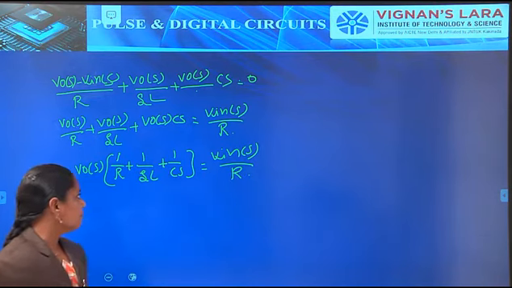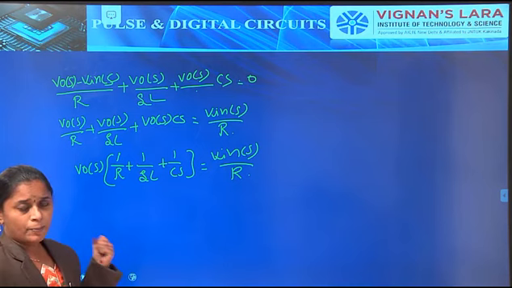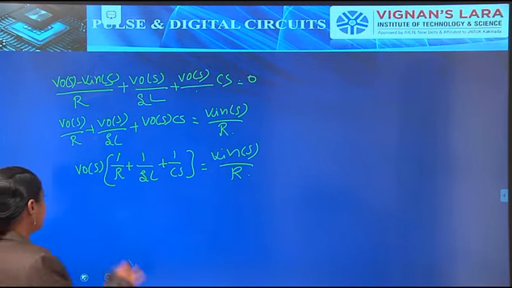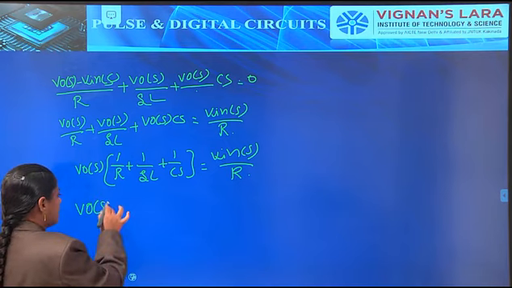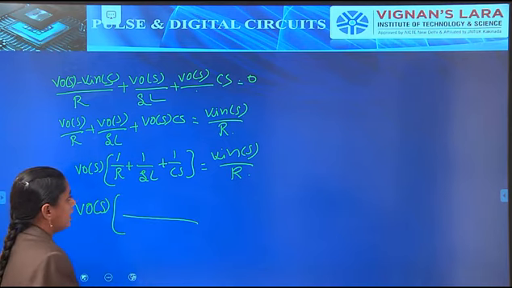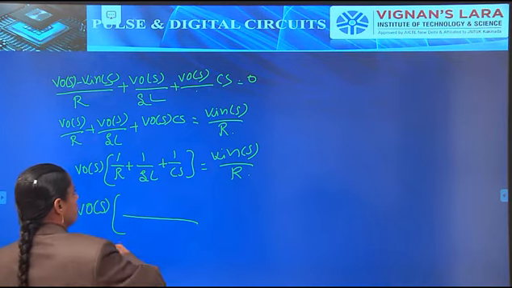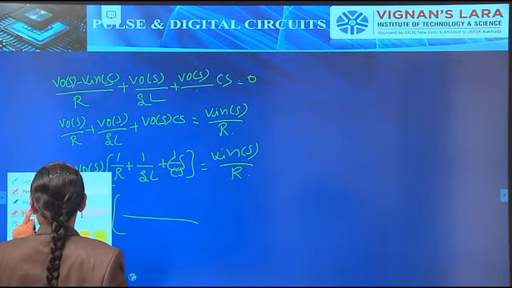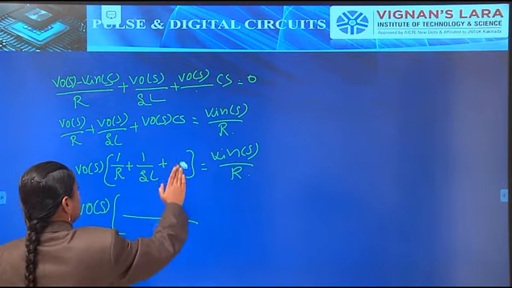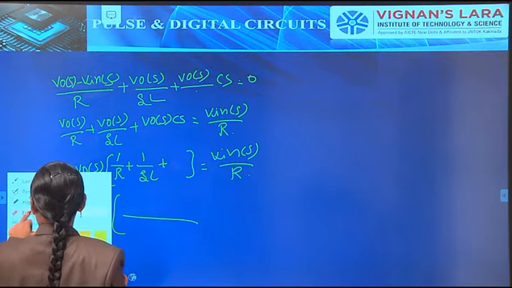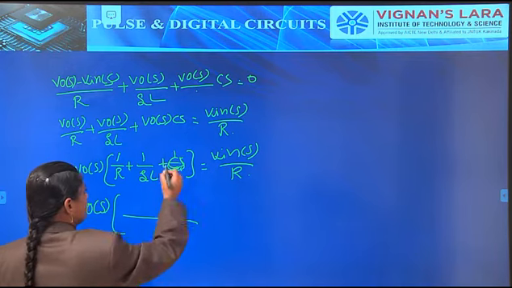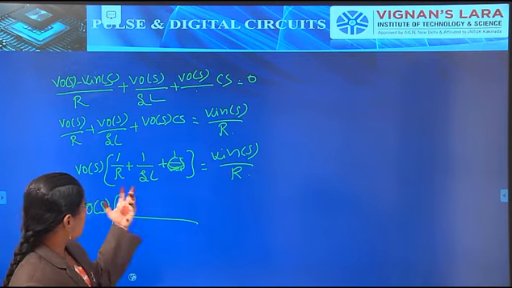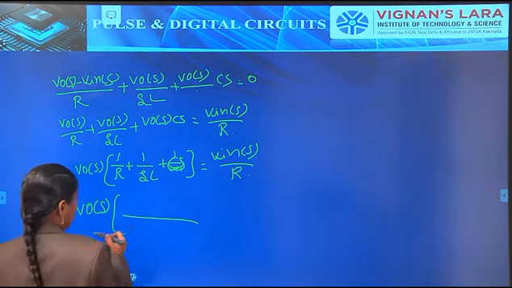Simply by taking V naught of S as common, the equation is rewritten like this. Here the value is Cs only, because the output is across Cs. What is the solution for this?